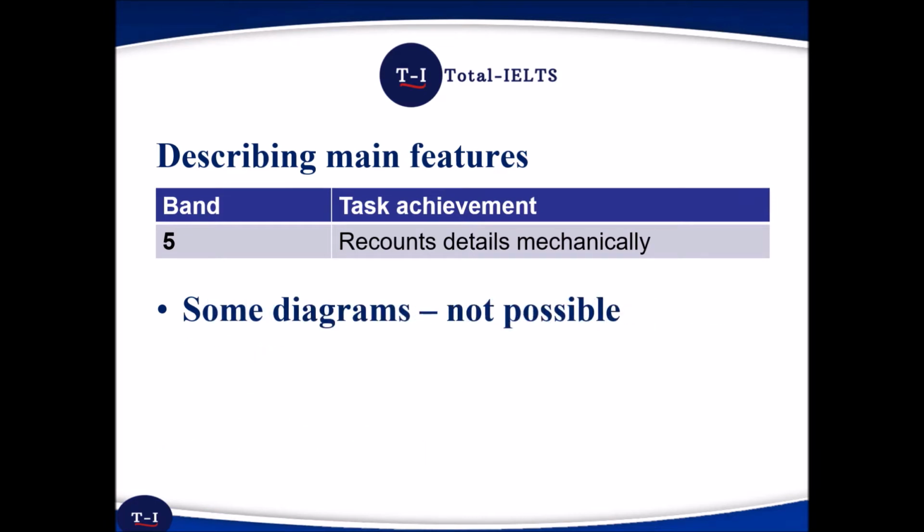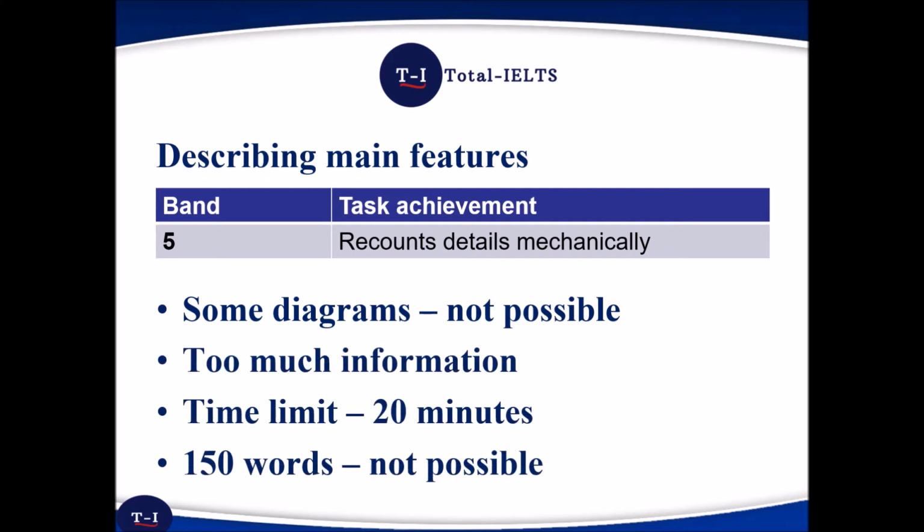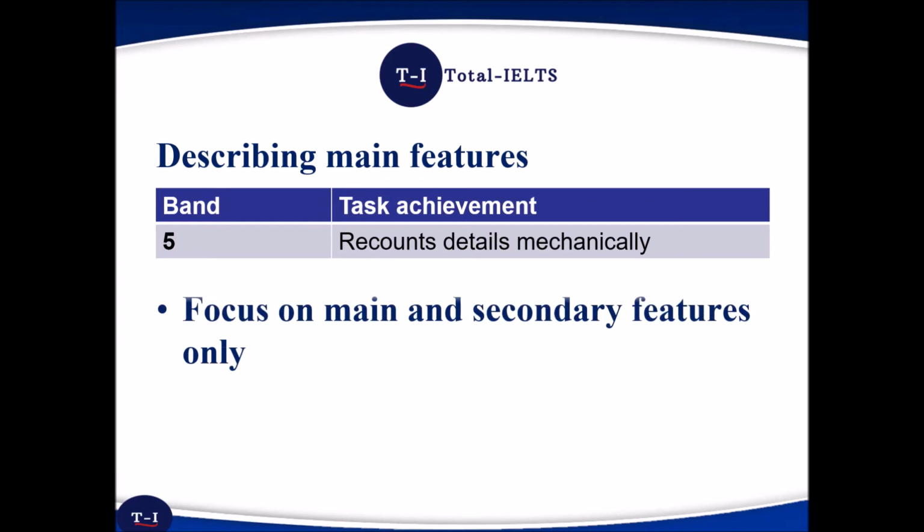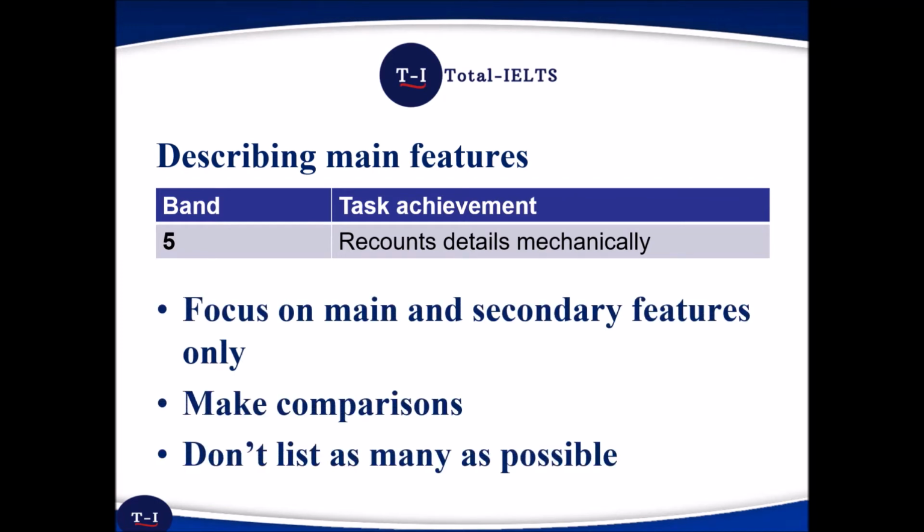With some diagrams, it's just not possible to do this because there's too much information. The recommended time limit is 20 minutes and you only need to write 150 words, so trying to recount every detail is just not possible. Instead, focus on the main and secondary features only and make comparisons. Don't try to list as many as you possibly can.